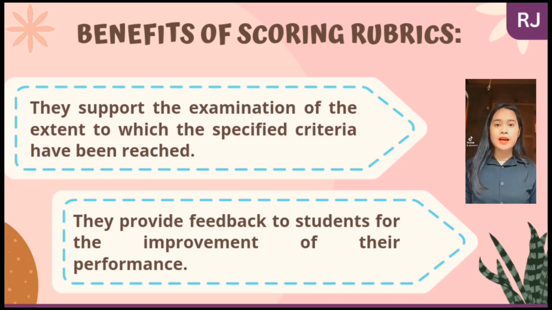So basically, a scoring rubric serves as giving feedback to students whether students need to improve or the student mastered the skills or understands the topic very well, and also it helps students to test their learning ability and learning capacity.